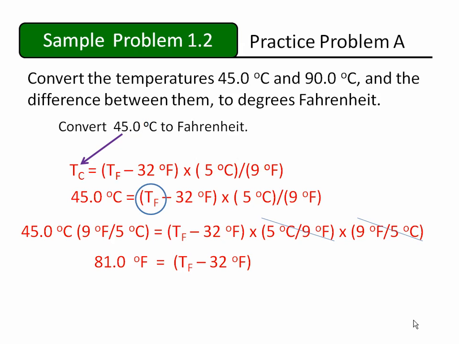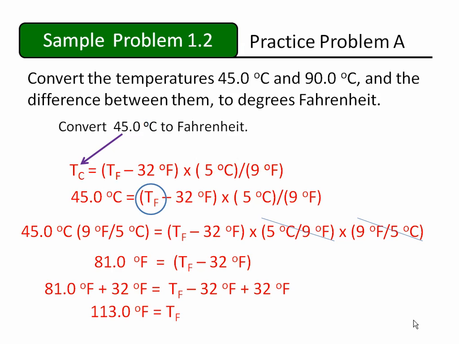The units of degrees Celsius cancel, leaving units of degrees Fahrenheit. The next step in solving for Tf will be to add 32 degrees Fahrenheit to both sides of the equation. We could show this step as you see here, leaving a final value of Tf as 113 degrees Fahrenheit.